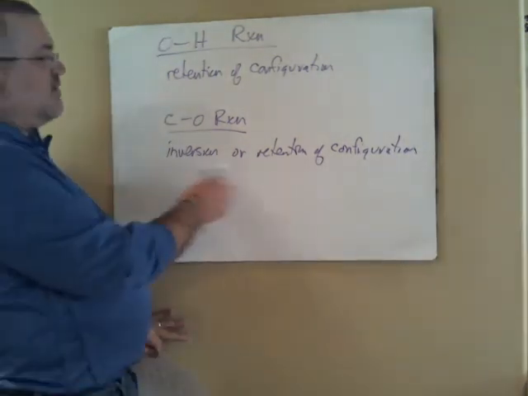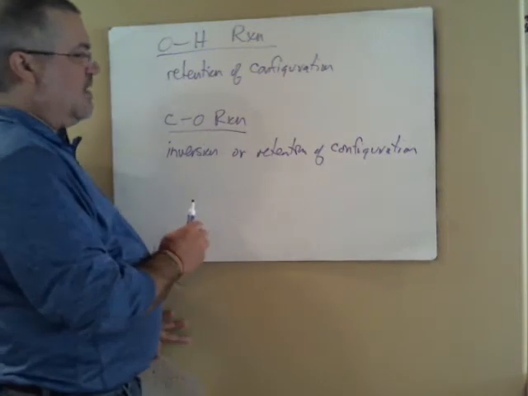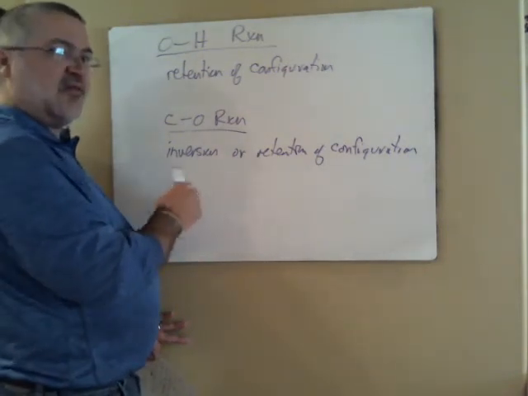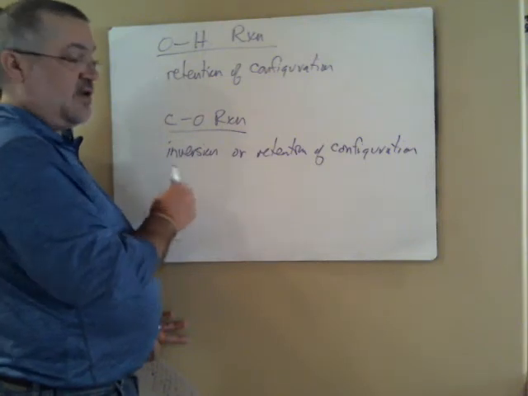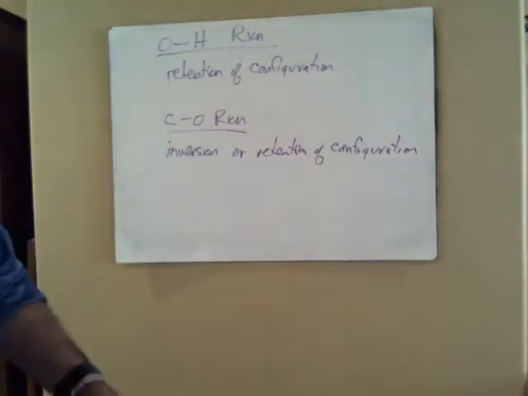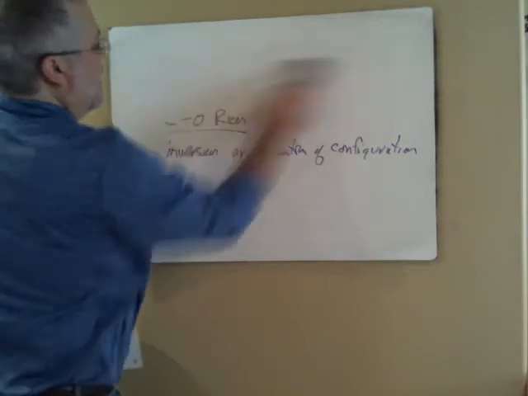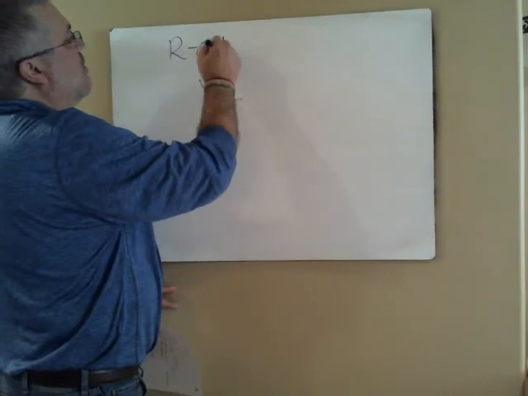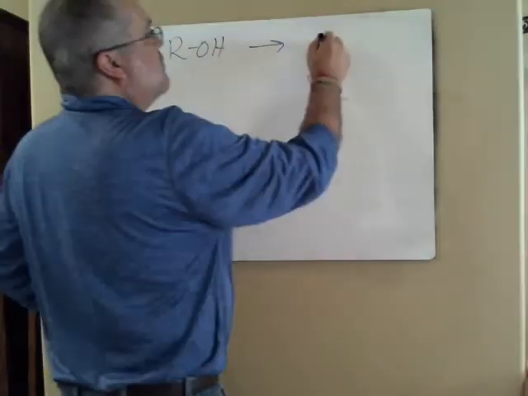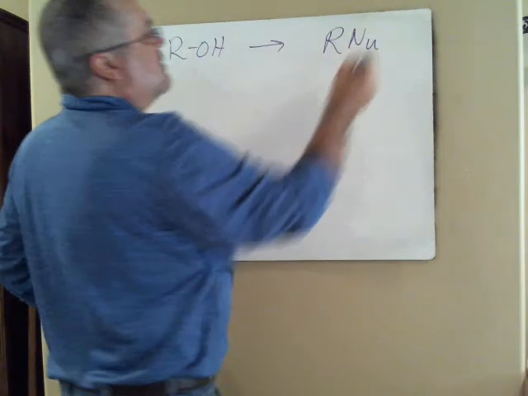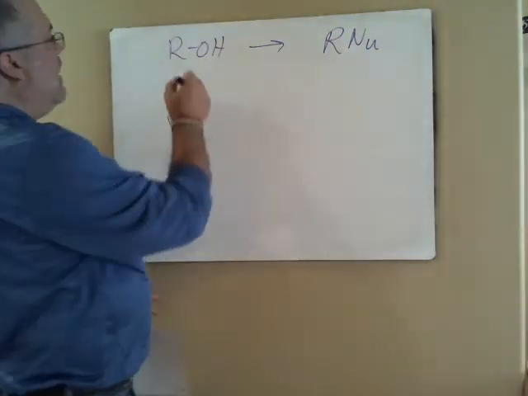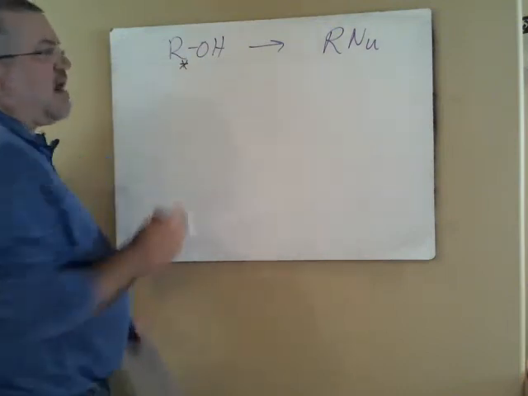Okay, so basically it's possible to retain, but in the examples we looked at, you're most often going to see inversion. So how would this work into a reaction? Well, let's just say that the general reaction you want to do is take an alcohol and convert it to something where you've substituted a nucleophile into this. And let's just say that it happens to be chiral.